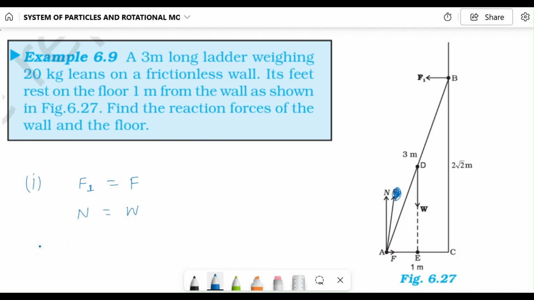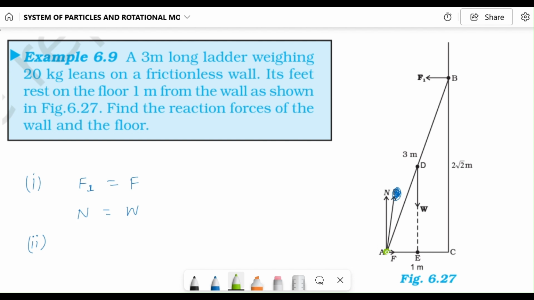Now, what about rotational equilibrium? In the case of rotational equilibrium, we have to choose a reference. If we are free to choose the reference, we should choose it wisely so that our work will be less complex.